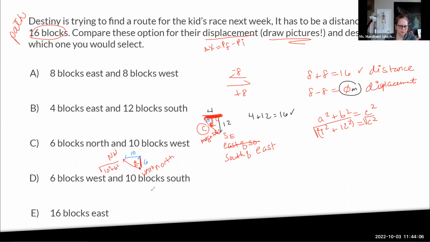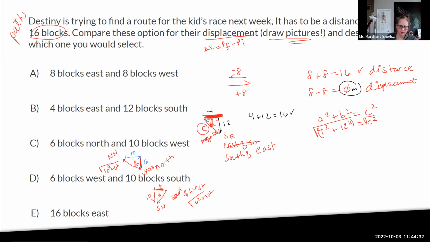Okay, number D, 6 blocks west and then 10 blocks south. So this time we are going to be going in the southwest direction, or west is our direction. And we're going south of that. South of west would be our angle for that one. What would be our magnitude? The square root of 6 squared plus 10 squared.